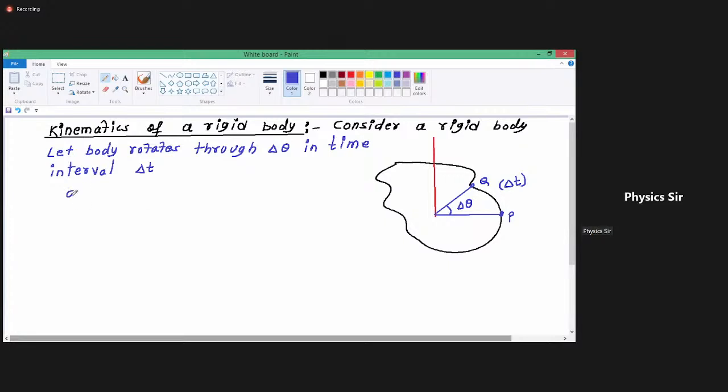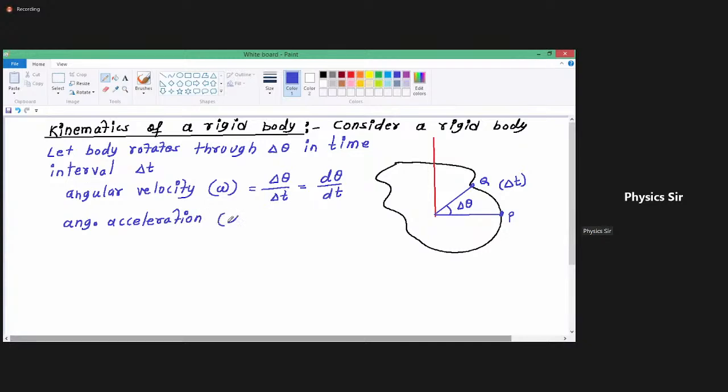So I can say this is the angular velocity. What is the angular velocity? It is the angular displacement upon time: the angular displacement delta theta, time is delta t, or I may write this as d theta by dt. I can also write the angular acceleration, alpha.